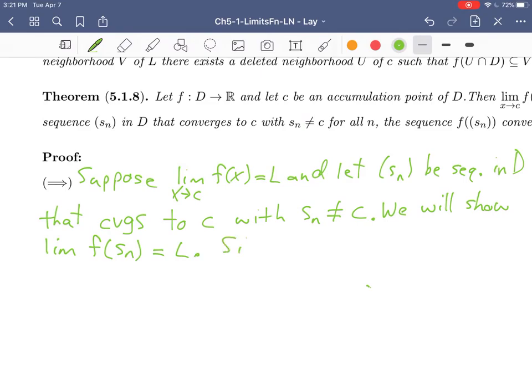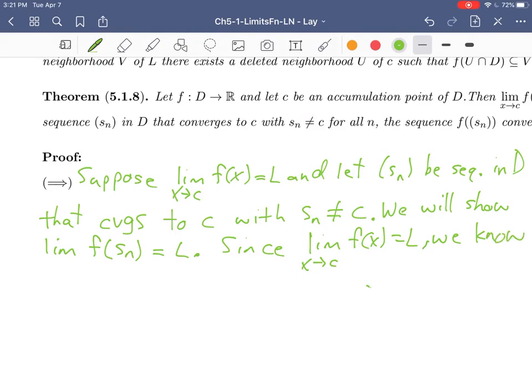All right, so what do we know? Since the limit of our function at C is equal to L, we know what the definition tells us.